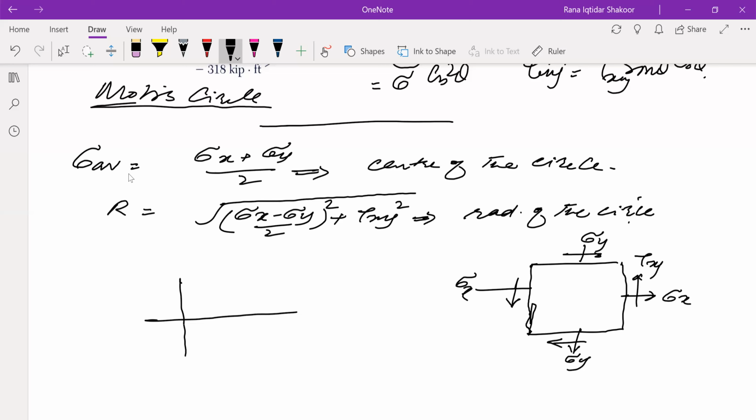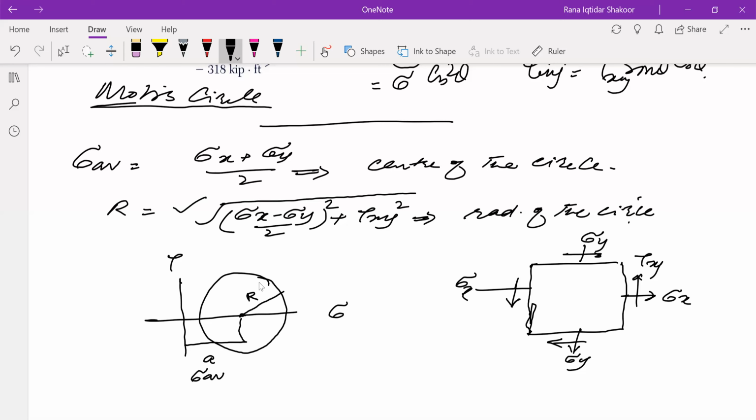For example, this was sigma, and this was tau, and this circle was symmetric about the sigma axis, right? This was the center, previously it was A, and then we defined it with the sigma average, and this was the R, which was given by this value, right?